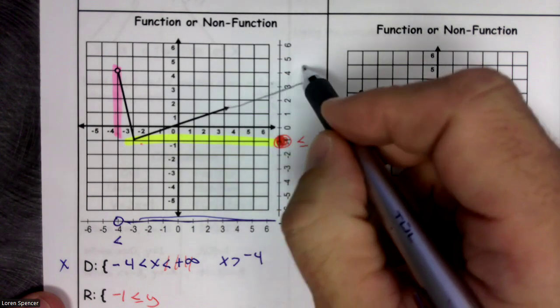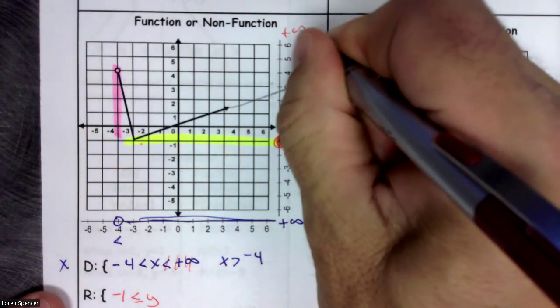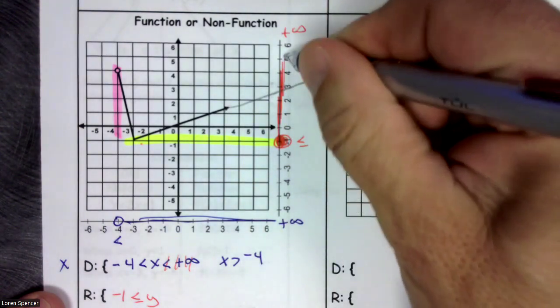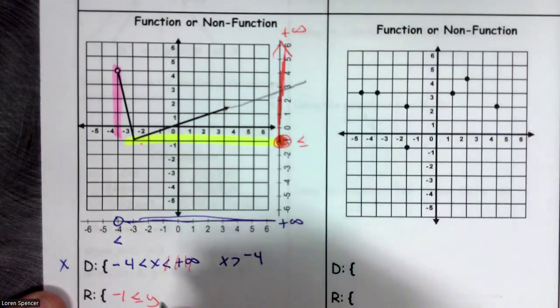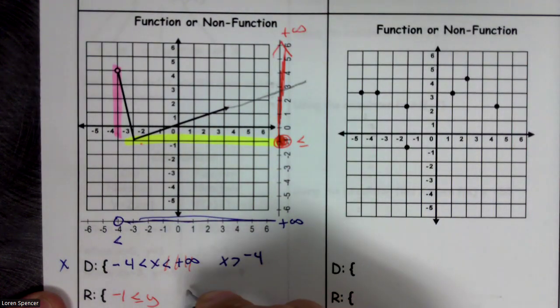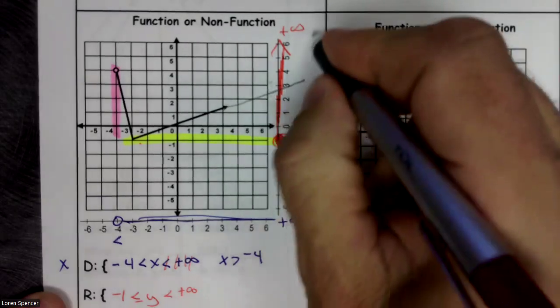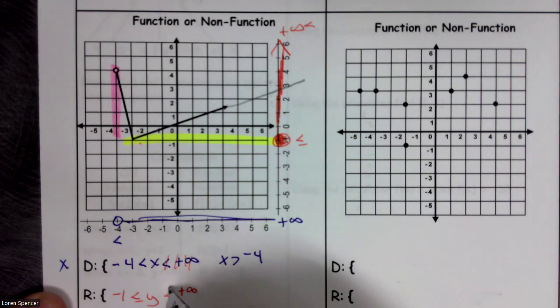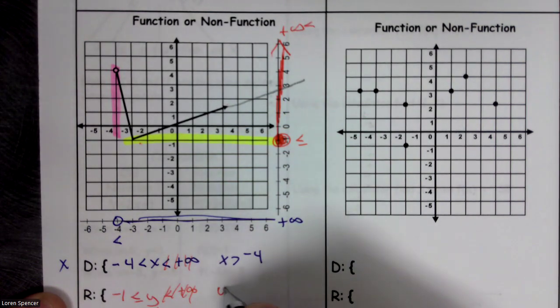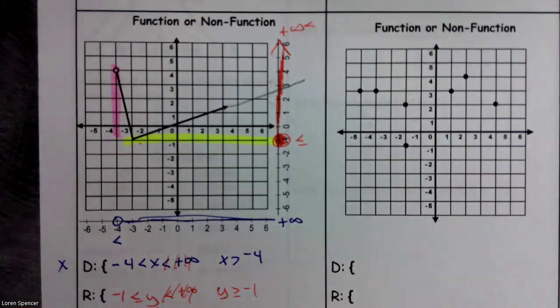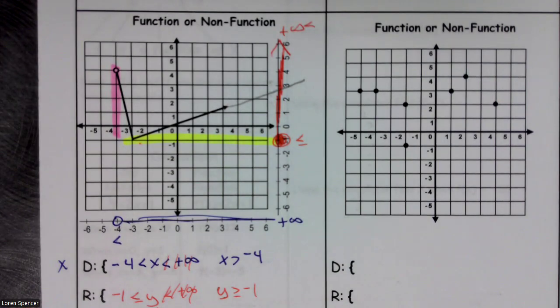In the y direction, this is definitely increasing, so it's going up to positive infinity, which is this way. And infinity always gets a less than symbol. But we cross this part out because we can't have infinity, and we have to flip it because we always have to have the variables on the left. Remember, you don't have to flip if the variable's already on the left.